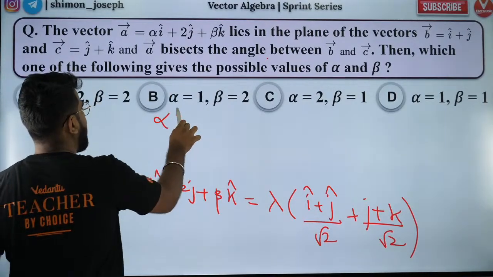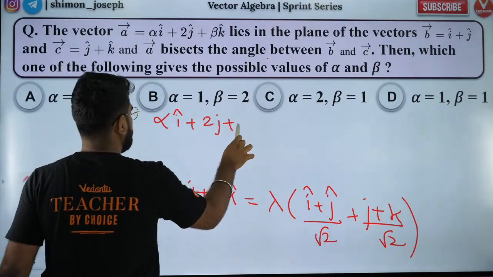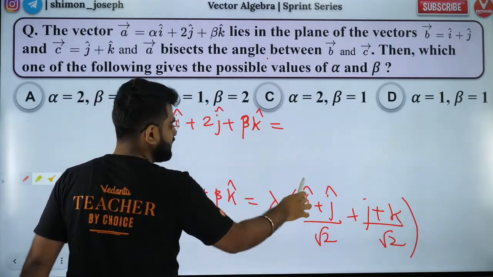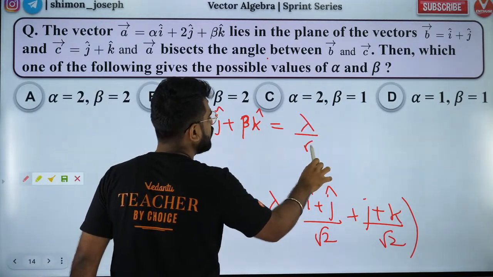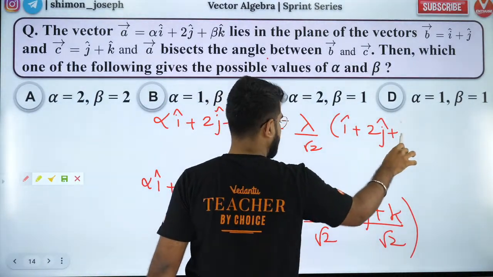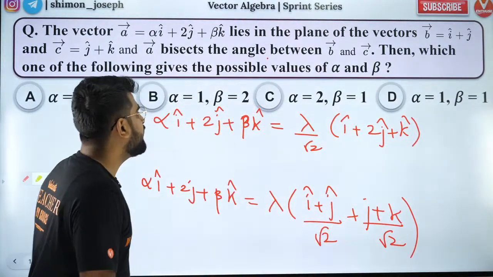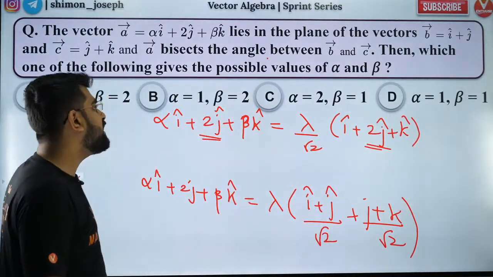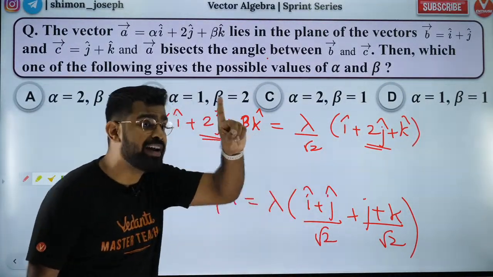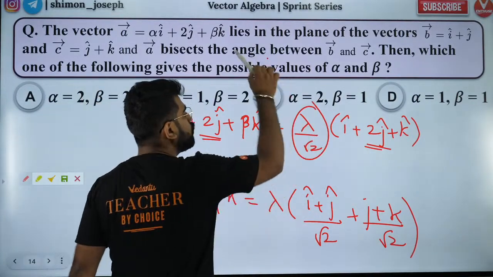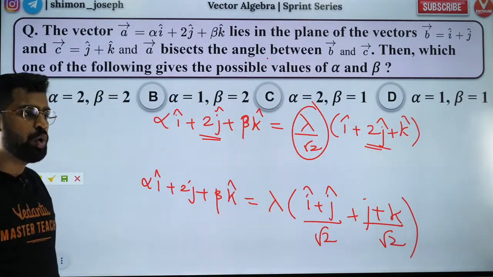So alpha i cap plus 2j cap plus beta k cap is equal to what? It is equal to lambda by root 2 times of i cap plus 2j cap plus k cap. Correct now? See, here also I have 2j cap. Here also I have 2j cap. That means lambda by root 2 should be 1. Everybody cool with that?